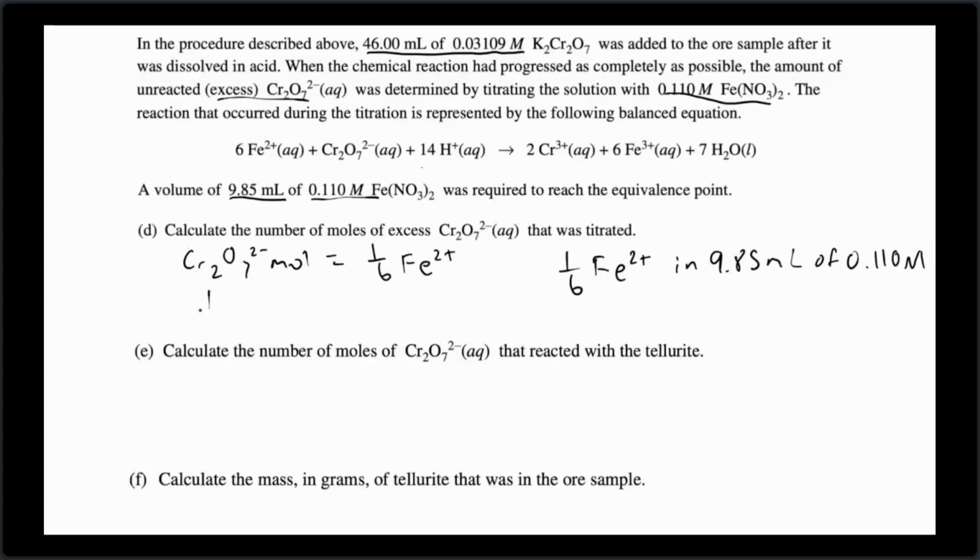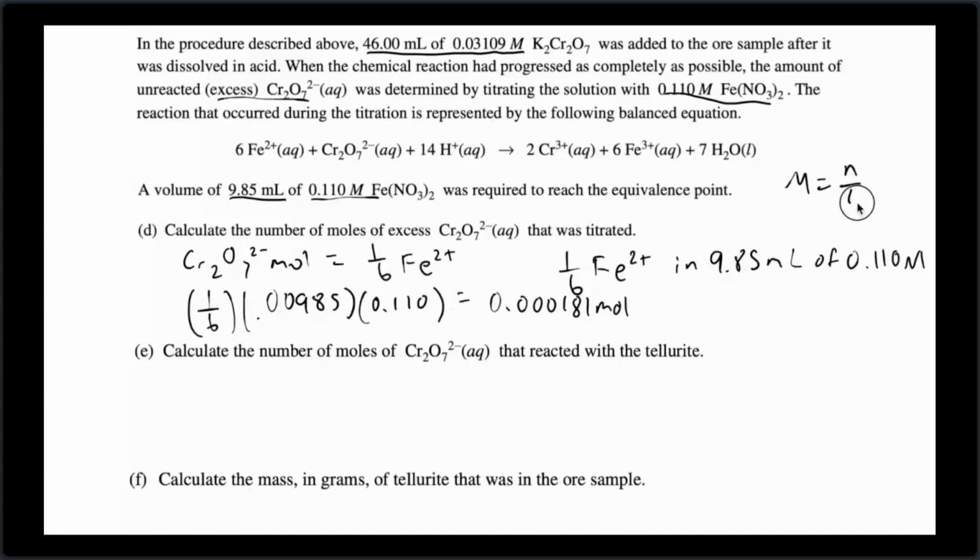So that would basically be 1/6 times 0.00985, and then we multiply that by 0.110, and that would get us 0.000181 moles.